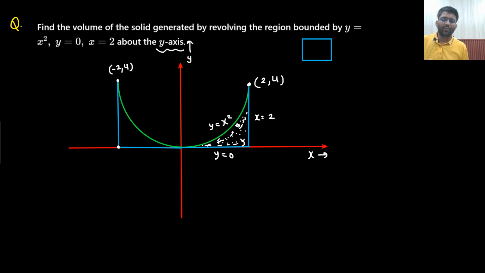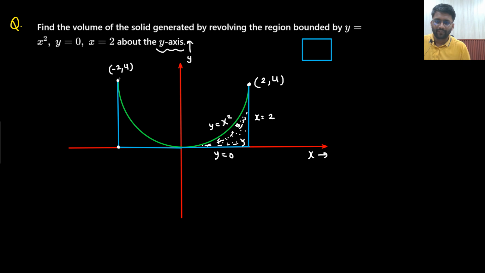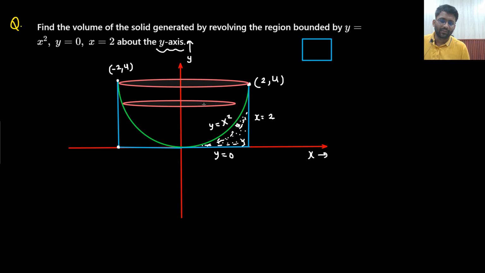Since you are rotating, you will end up getting circles. This kind of circles will be there. I hope you are able to visualize what kind of shape we will be getting.